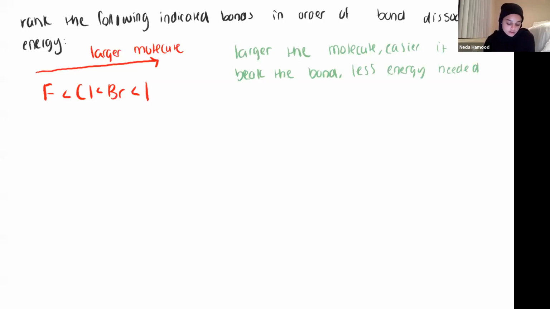So this is saying in order of, I didn't even write it, but it's supposed to say increasing, or sorry, decreasing. So with something like fluorine, another way that you can think about it, fluorine is the most electronegative atom.